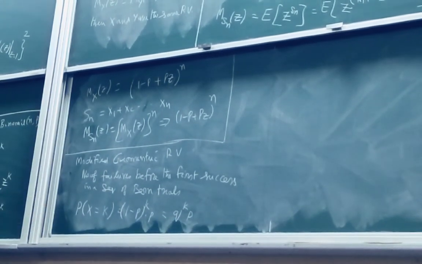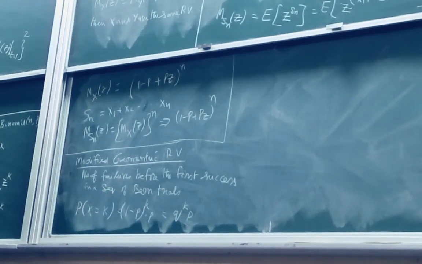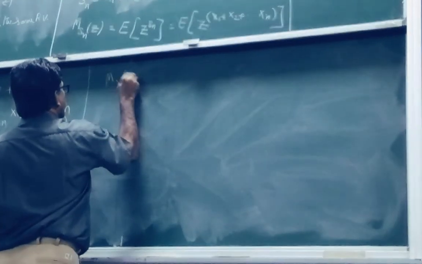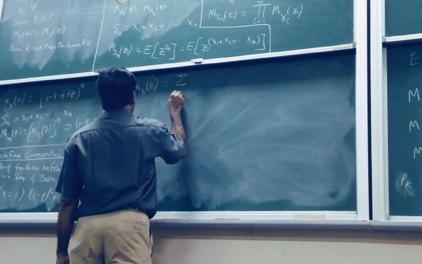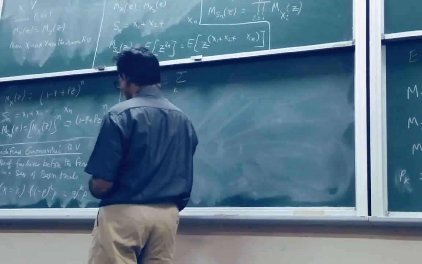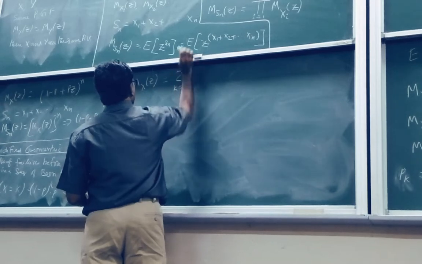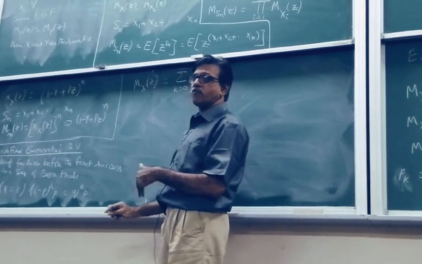So this is the PGF of the modified geometric random variable. So M_X of z for this one is the sum from zero to infinity. There can be zero failures before the first success.